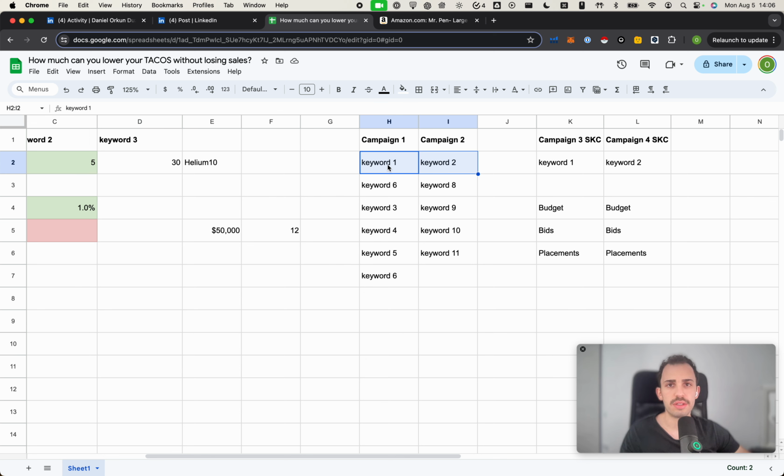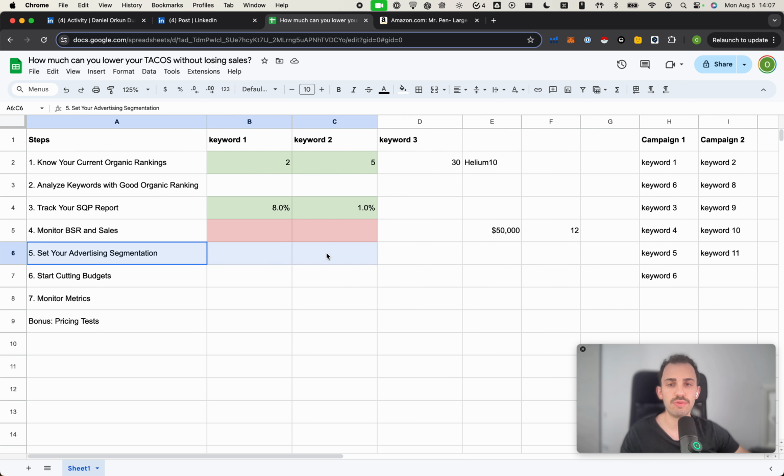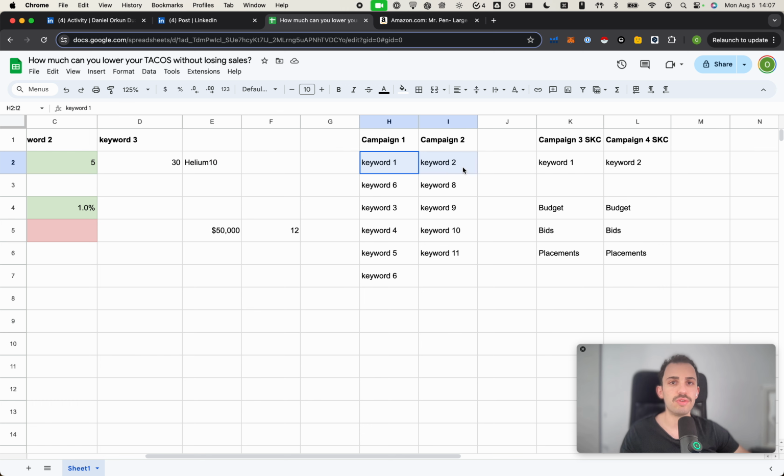And you want to make sure that these keywords are not being populated somewhere else. So when you pull your keywords into single keyword campaigns, you want those keywords not to be available in your search term. Let's say you have pencil case and you want to move pink pencil case to a single keyword campaign.